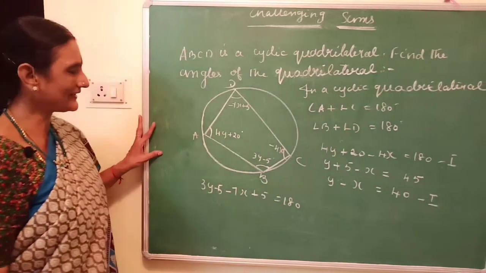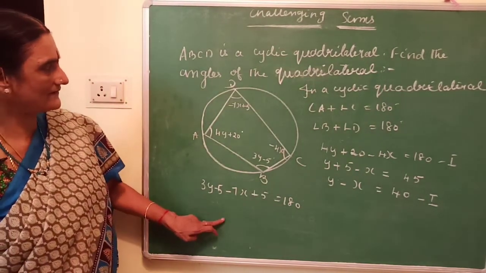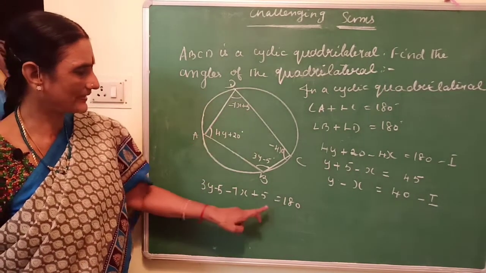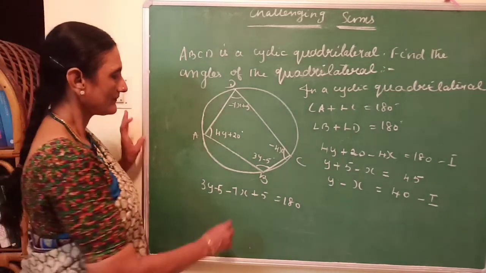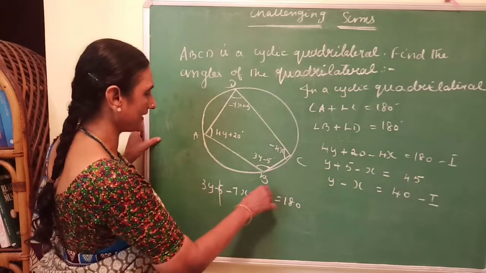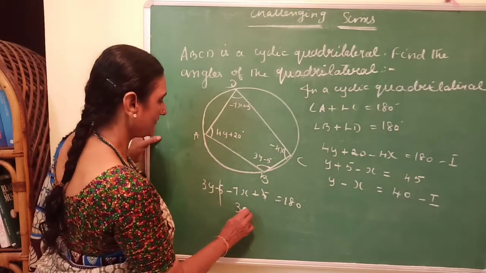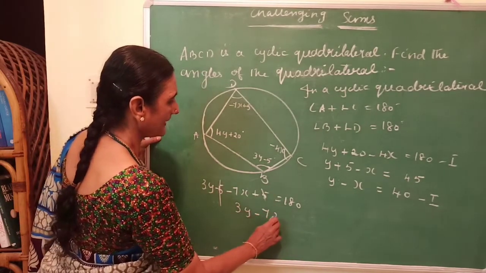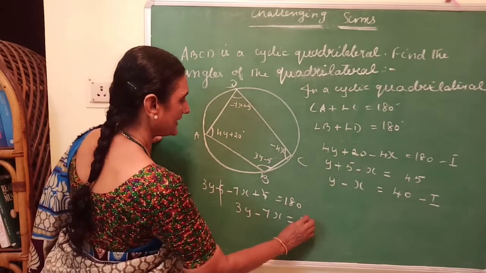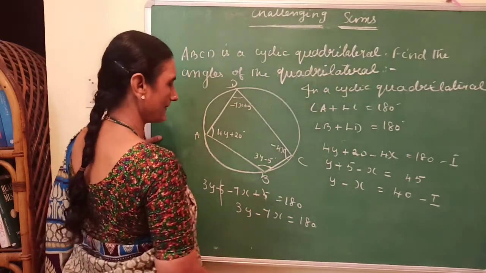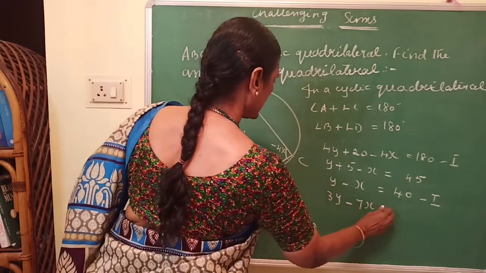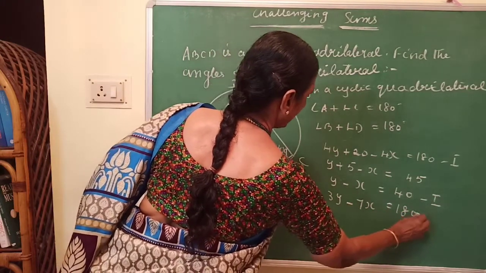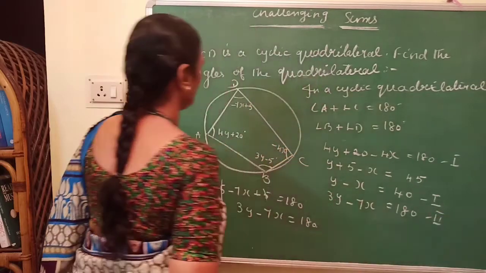So here plus 5 minus 5 cancels. So I will get 3y minus 7x is equal to 180. That is your equation 2.